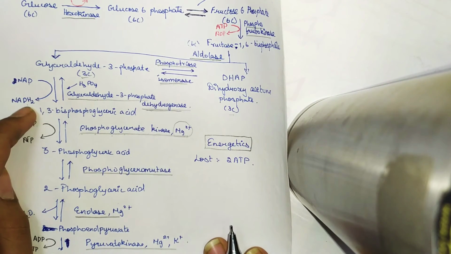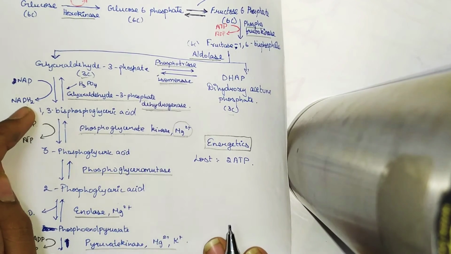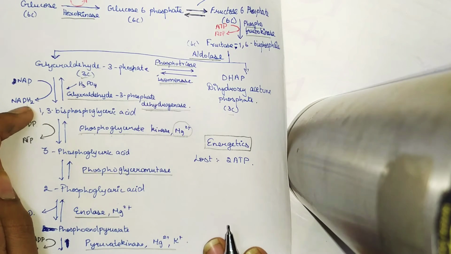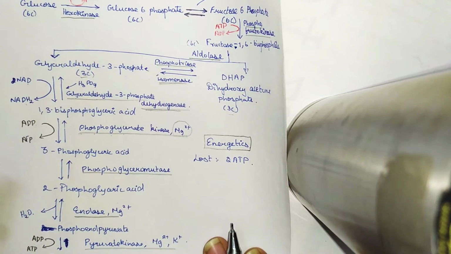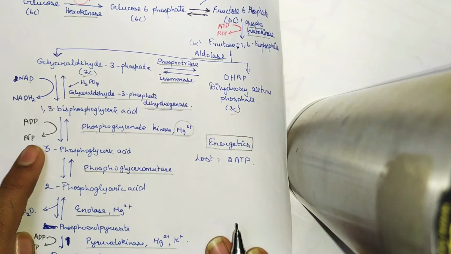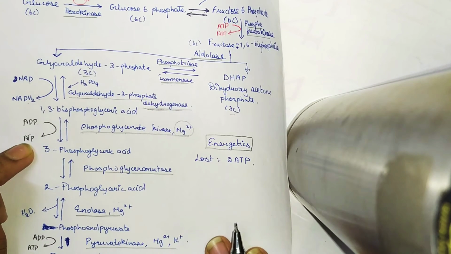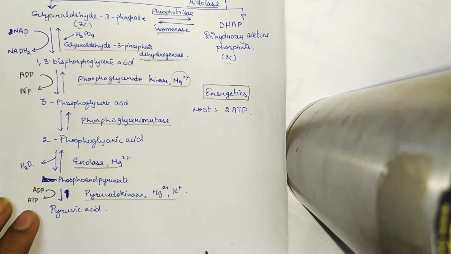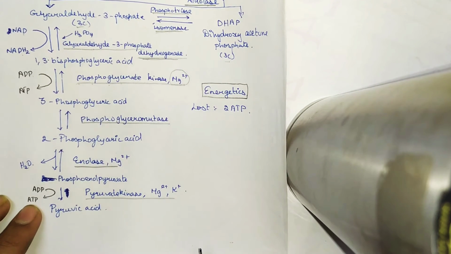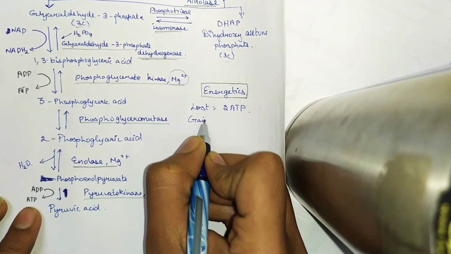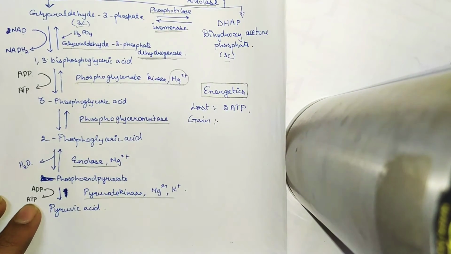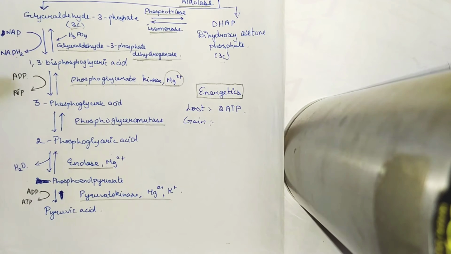NAD is converted to NADH2, and we all know 1 NADH2 equals 3 ATP, and how, we are going to study later, but just know this, okay? NADH2 equals 3 ATP, and here we are gaining 1 ATP, so 3 plus 1 is 4, and in the last step we are also gaining 1 ATP. 4 plus 1 is 5, right? So can I write the gain as 5 ATP?